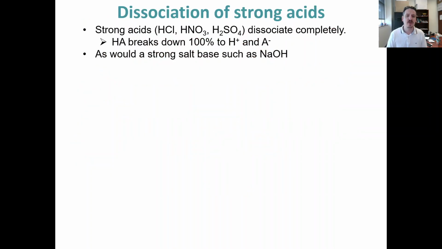Let's look at why and break it down. Strong acids break down 100%. Classic examples are HCl, HNO3, and H2SO4: hydrochloric, nitric, and sulfuric acids. In my exams, I'm never going to give you sulfuric acid. The simple reason is that notice this is H2, so for every one of these, you get 2 H+.